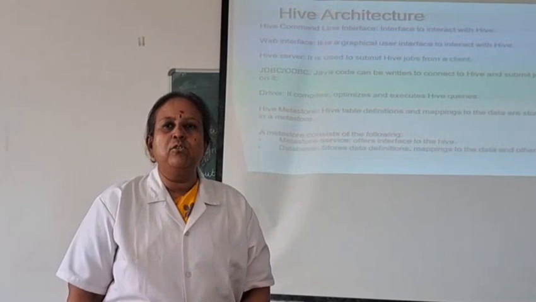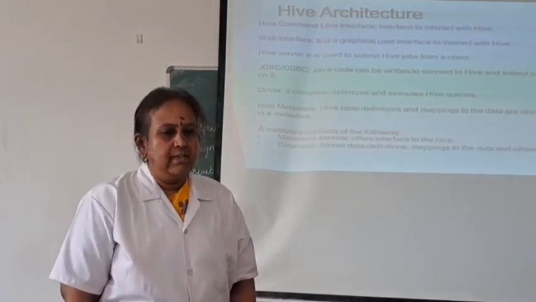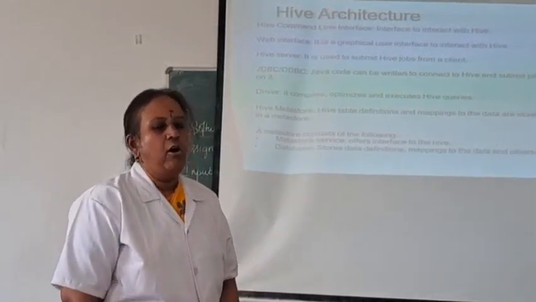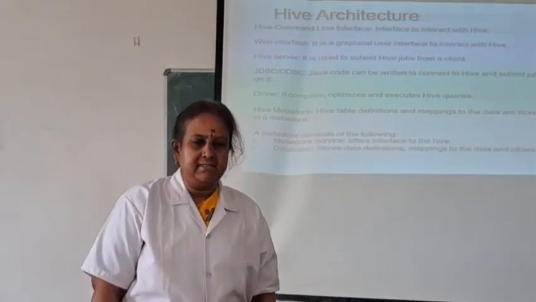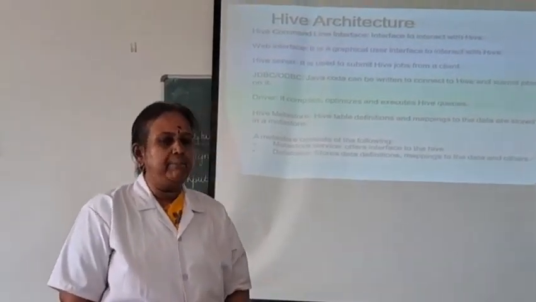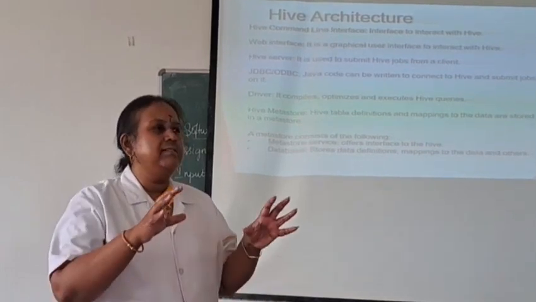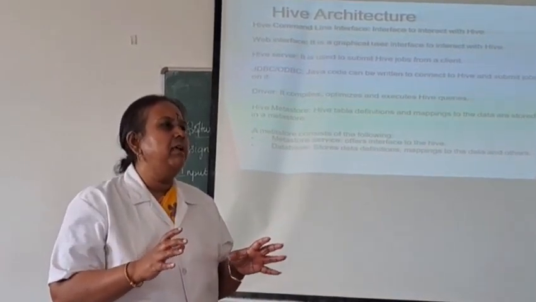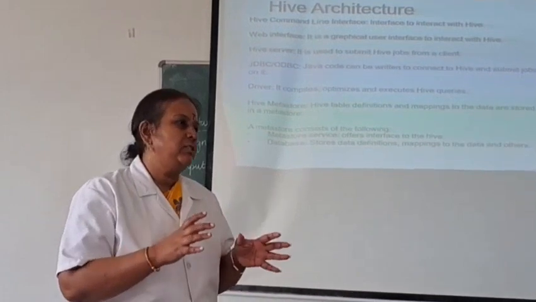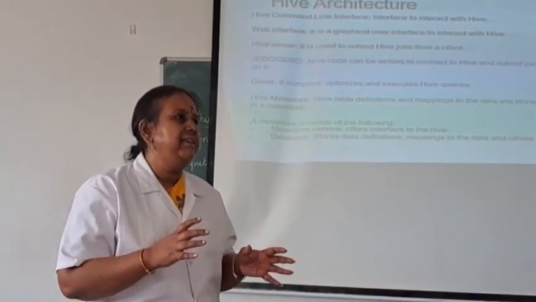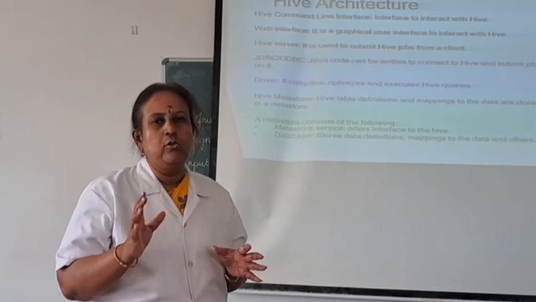And the metastore. What is a metastore? It has all your DDLs, that is, table definitions and mappings of the data. Whatever content is stored in the table will be there in your metastore, like your metadata; here they call it a metastore.